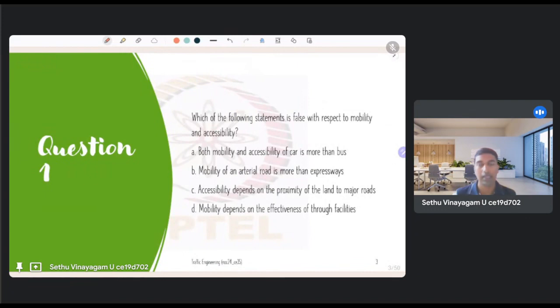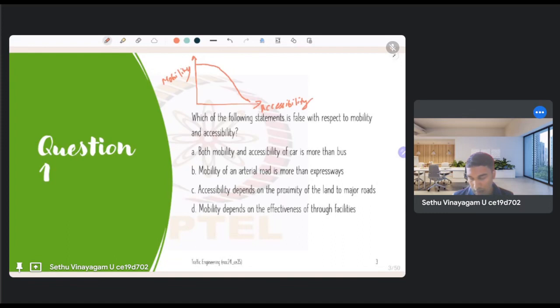Okay, so this is from the early concepts that we have seen: the mobility and accessibility function of different facilities, right? It varies for different facilities. So if you try to draw a graph like this, where the y-axis represents mobility and the x-axis represents accessibility, the mobility accessibility function would be something like this, right?